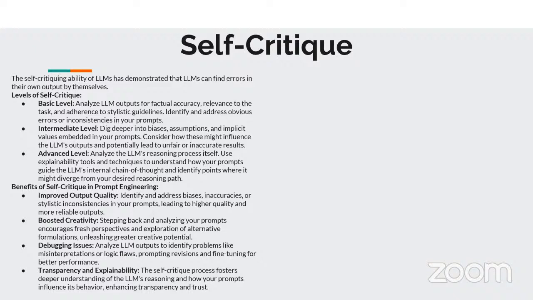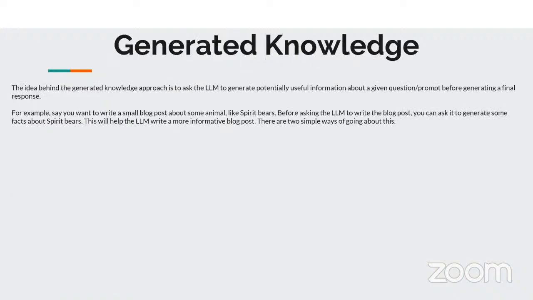From debugging issues, finding and fixing problems like misunderstandings or logic flaws makes the model perform better. From transparency and explainability, understanding how the model works and how it responds builds trust and makes its operation clearer.